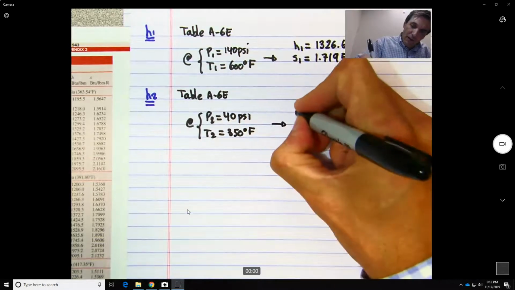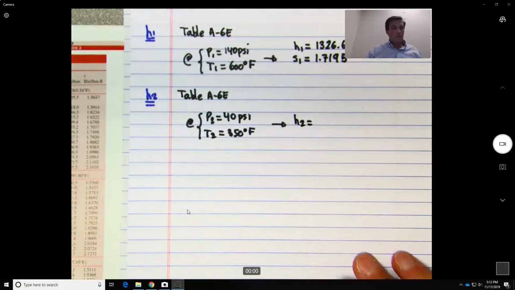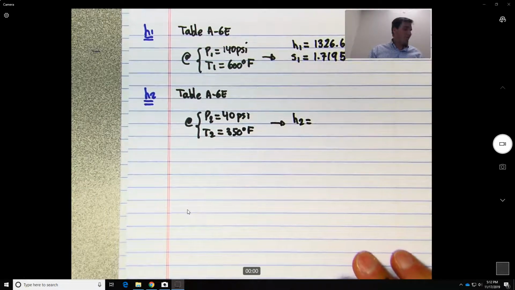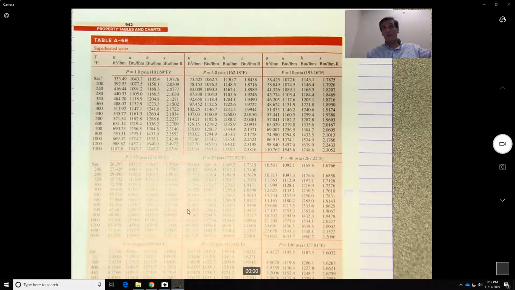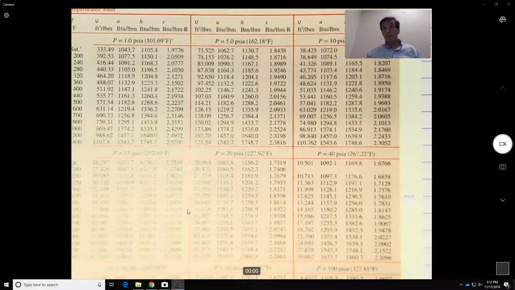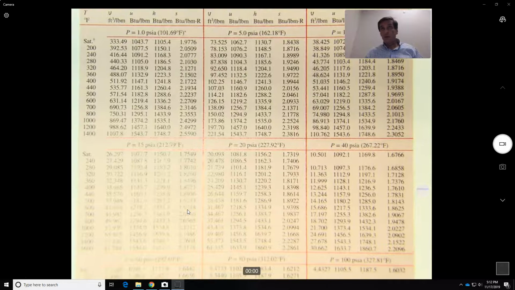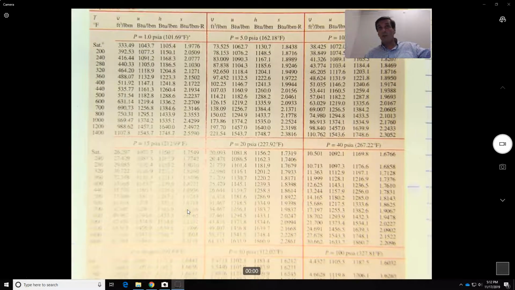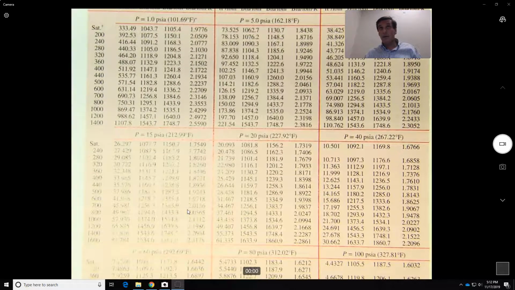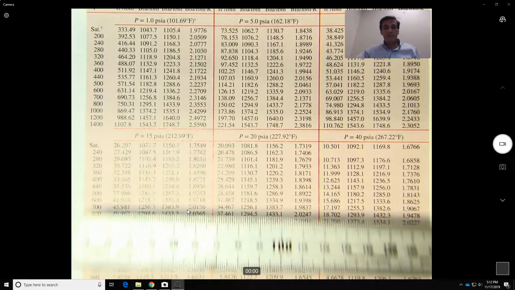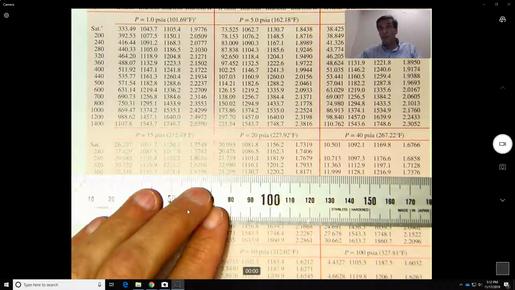We need to find, in this case, just H2. So if we go to the tables, so for 40, let me zoom in over here. Let's see if the image gets more clear. Okay, basically you can maybe see that it's not really 350, there's just 320 and 360.